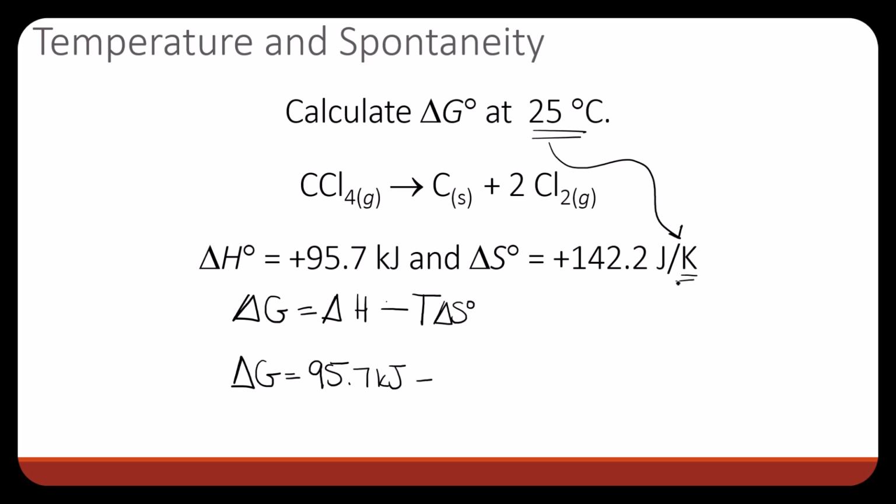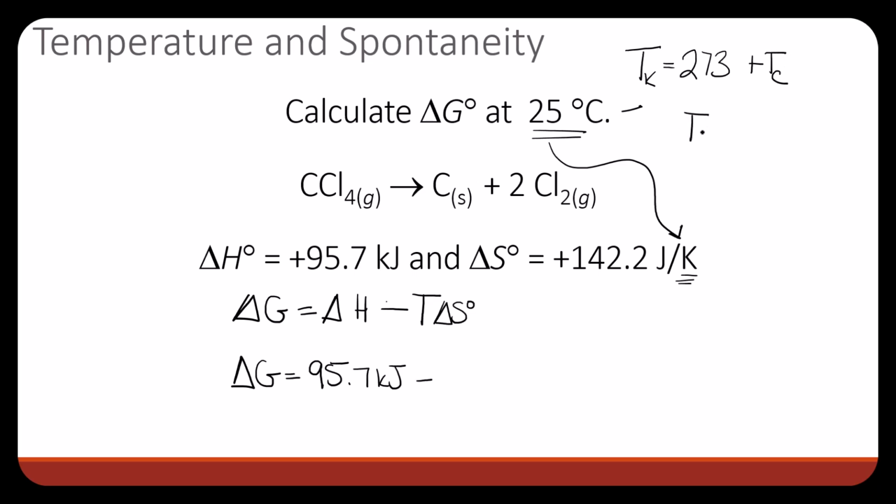Yeah, it's Kelvin. So in order to multiply temperature times entropy and have those units cancel, we need to take this to Kelvin. And remember that is just 273 plus temperature Celsius.